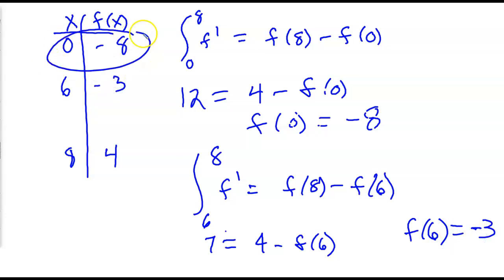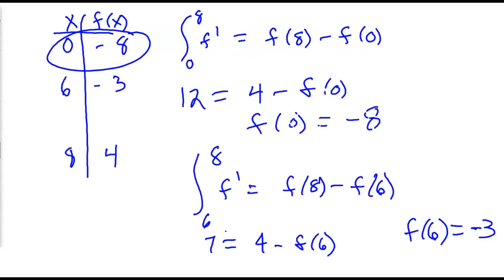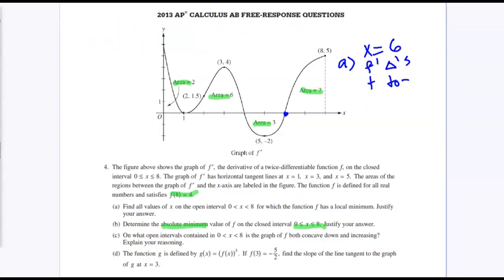So the absolute minimum occurs when x is 0. And so therefore, my final statement is going to be my absolute min is at the point f of 0, and the min value is negative 8. Okay, so there is part B.